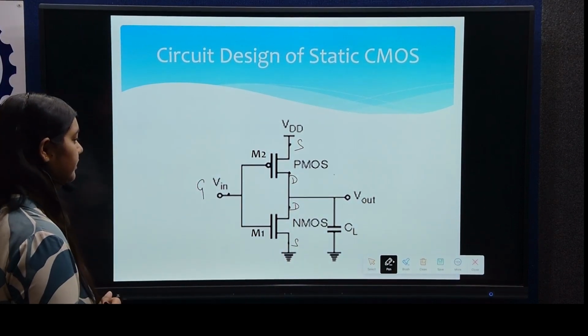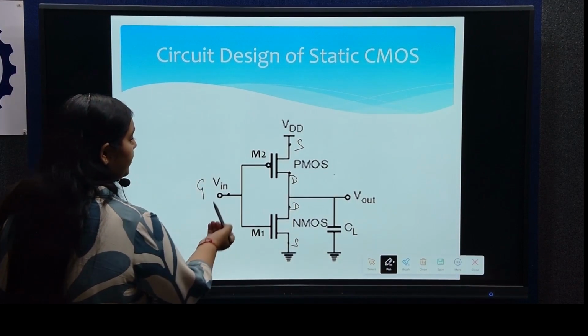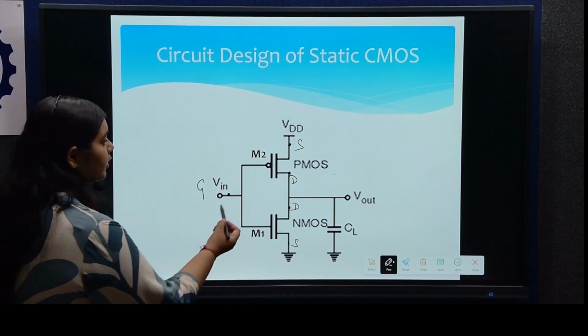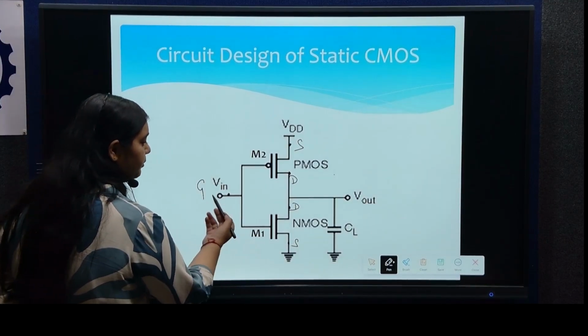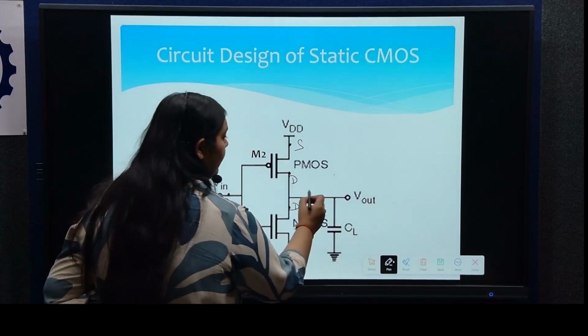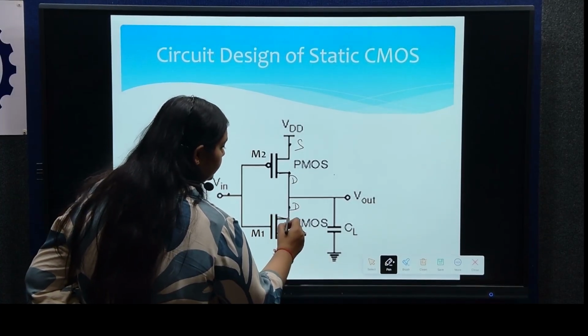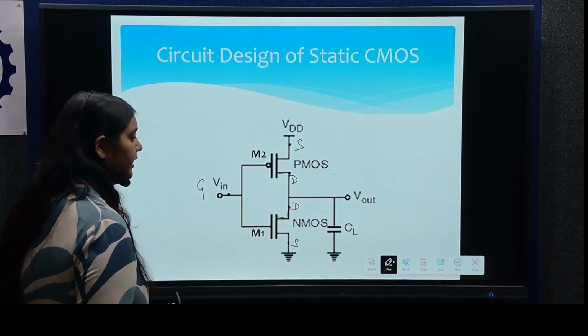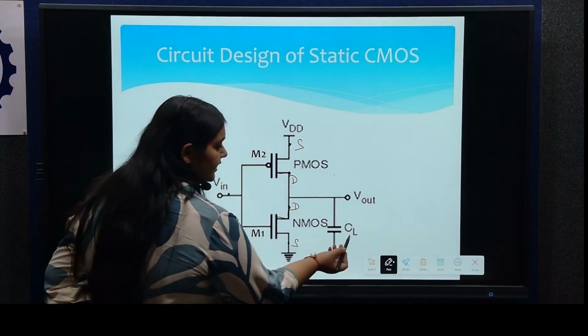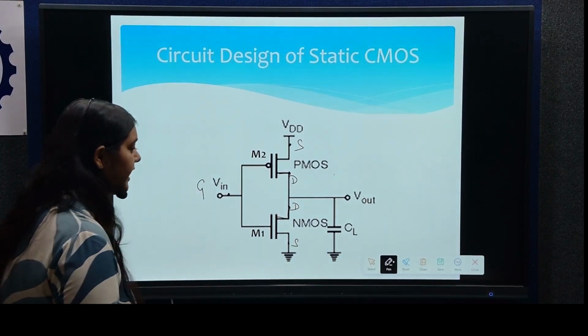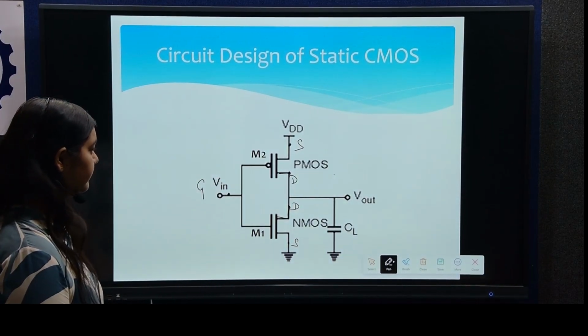With this, we can see the input is taken from both the gate voltages of NMOS and PMOS, and we have the output at the drain terminals of both NMOS and PMOS. There is also a capacitive load for the charging and discharging of the device.